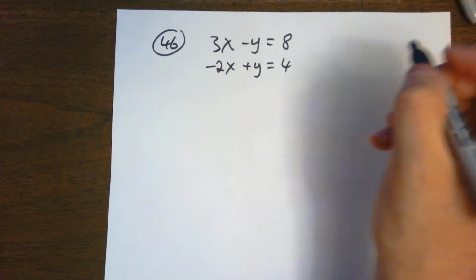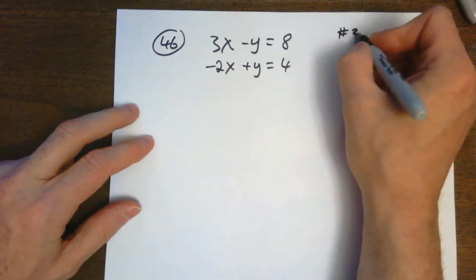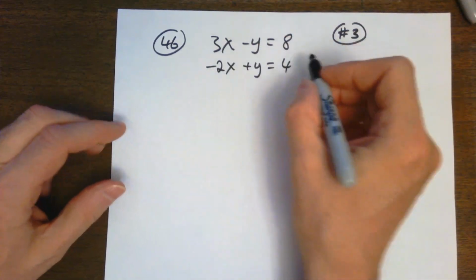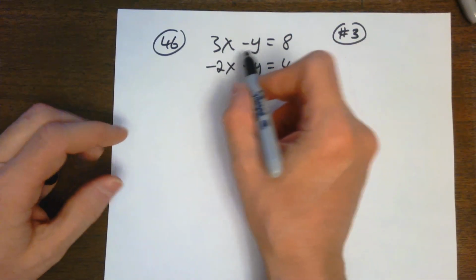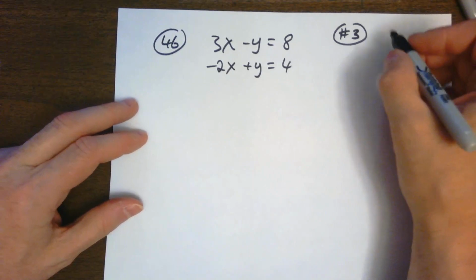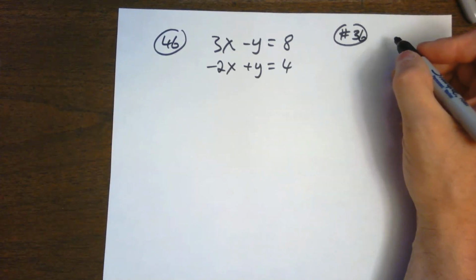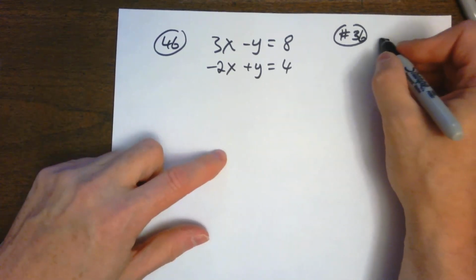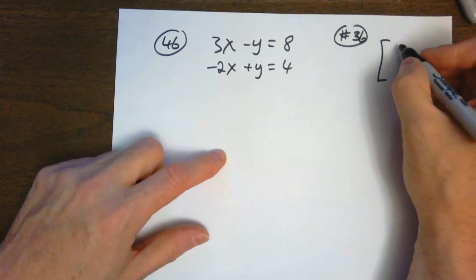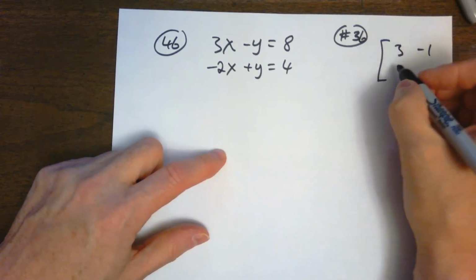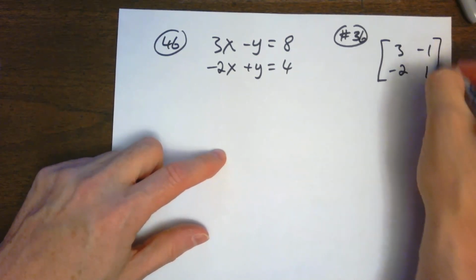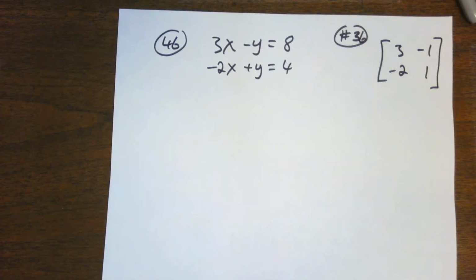Now, if I look back in problem 36, it gives me the following matrix: 3, negative 1, negative 2, 1, which is the inverse of that matrix right there. So they're inverses of each other.